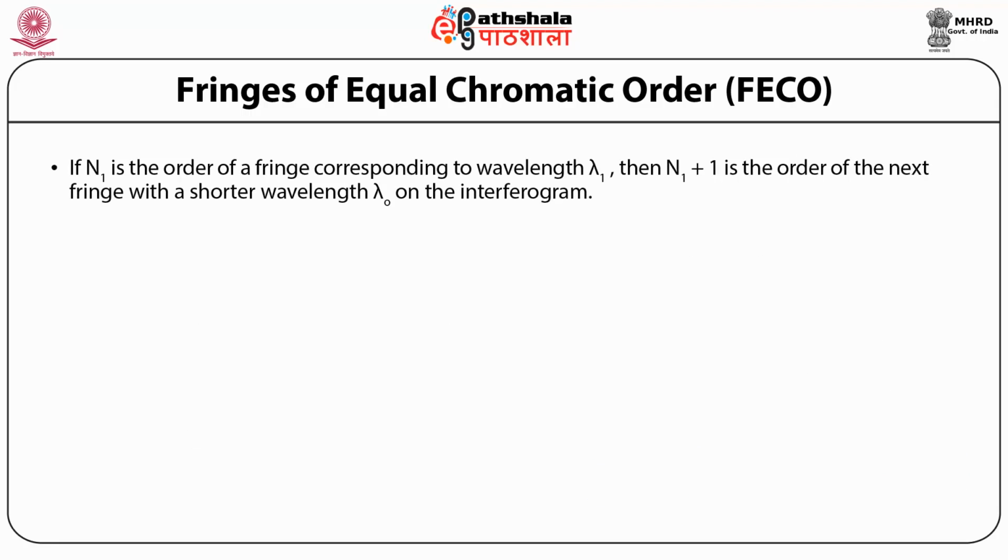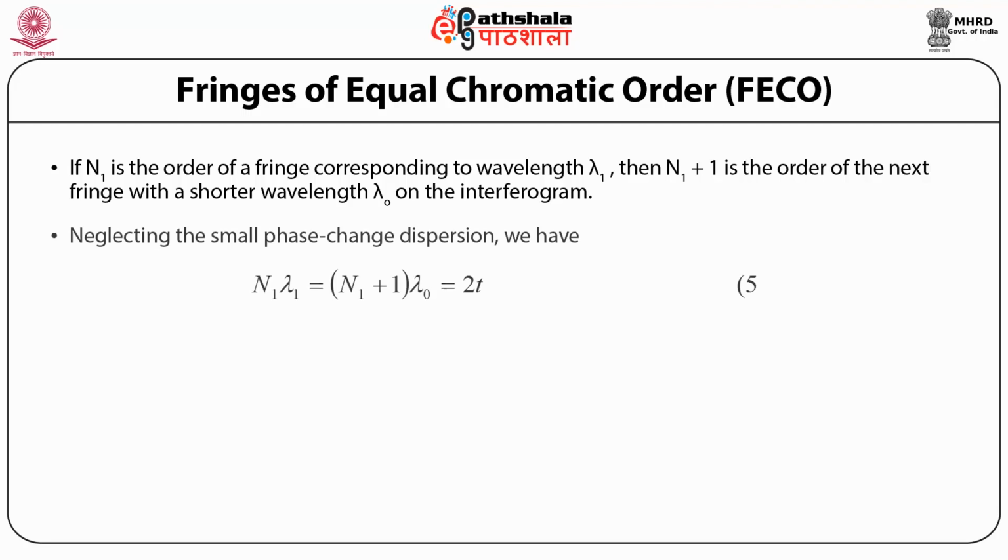If N1 is the order of a fringe corresponding to wavelength lambda 1, then N1 plus 1 is the order of the next fringe with a shorter wavelength lambda naught on the interferogram. Neglecting the small phase change dispersion, we have N1 lambda 1 equals N1 plus 1 into lambda naught, which is equal to 2T. Let's call this equation 5.